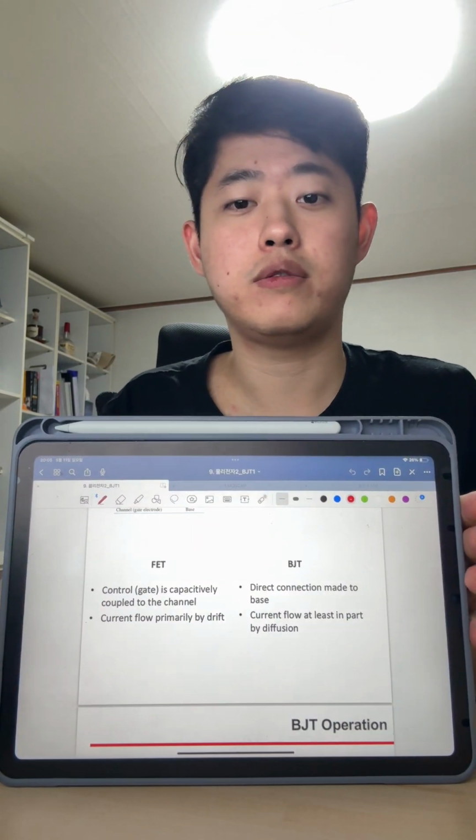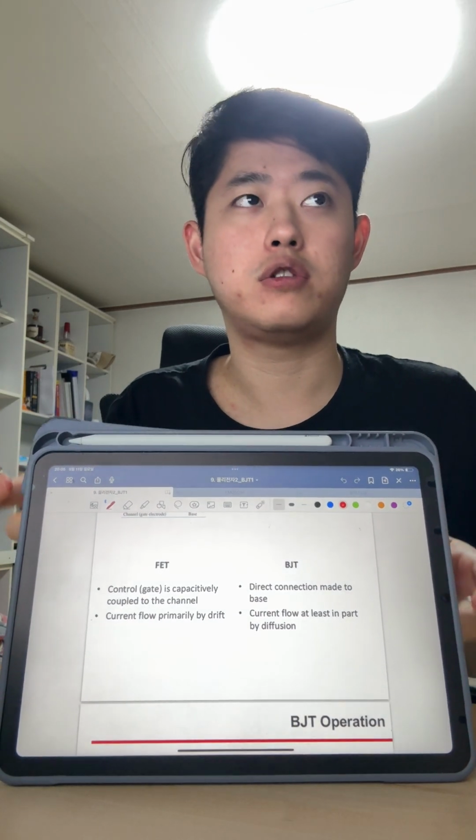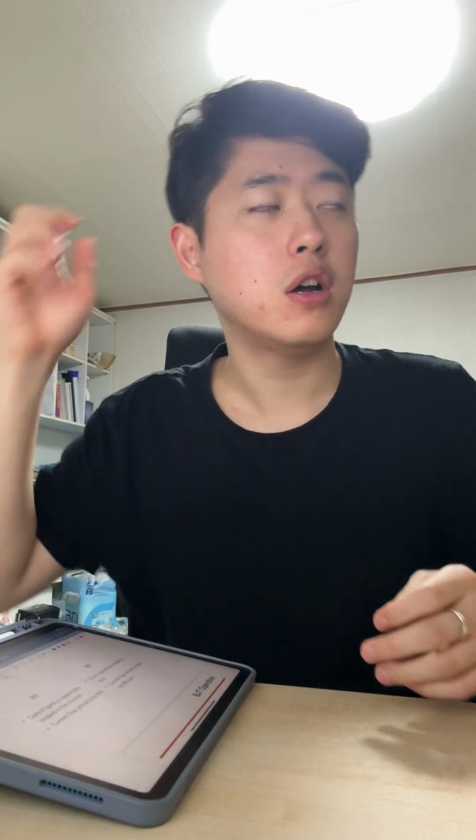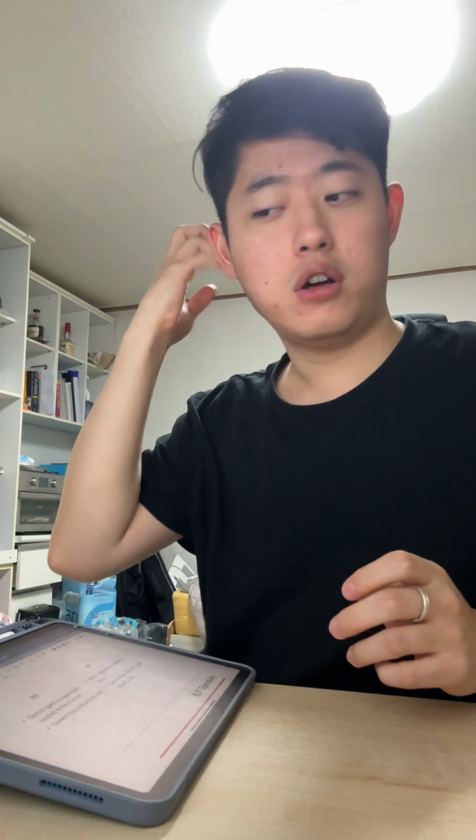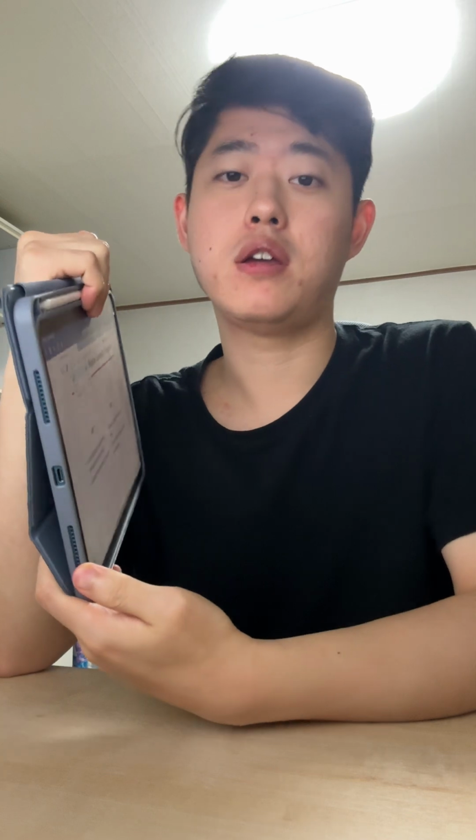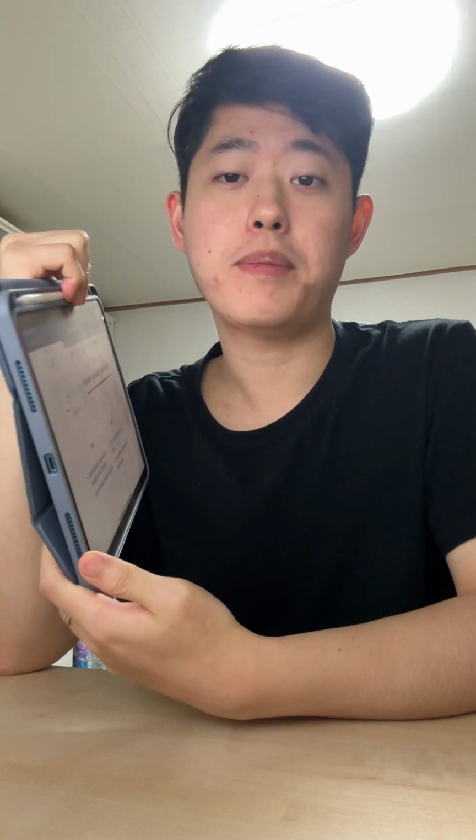The difference between BJT and FET is that FET is a voltage controlled current source, and BJT is a current controlled current source. FET has a capacitance, and BJT is a form of junction.